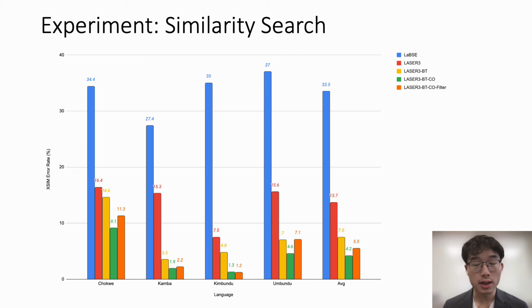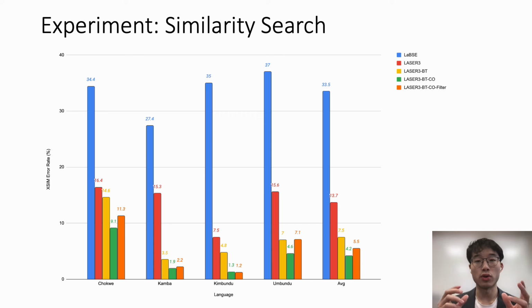So in this experiment, similarity search, we are given a parallel corpus, which means the source and targets are aligned. For each source sentence, we compute the similarity between the source and each target sentence using the trained encoder as well as XSIM score, which is a variation of cosine similarity.